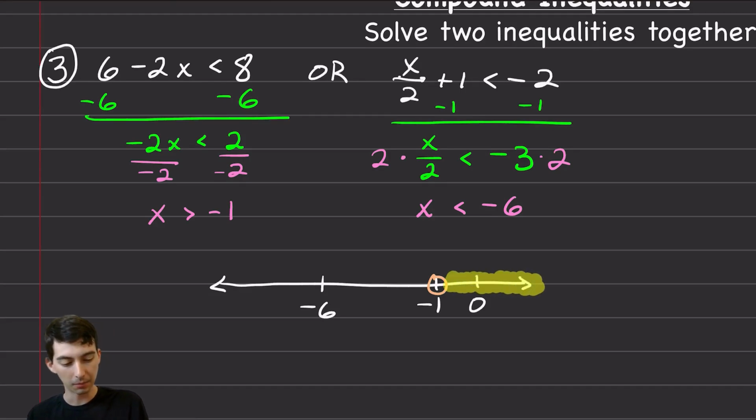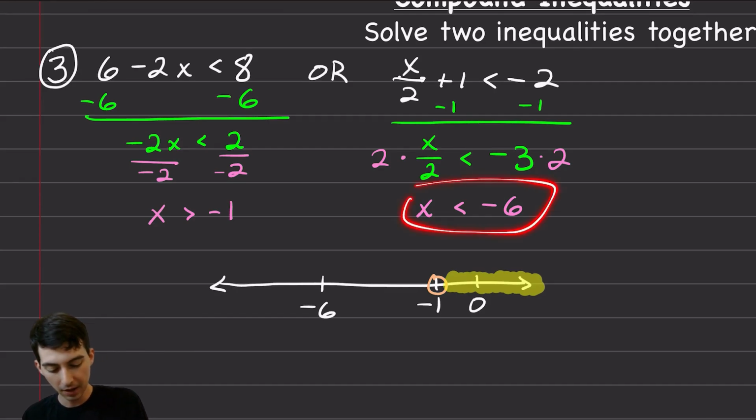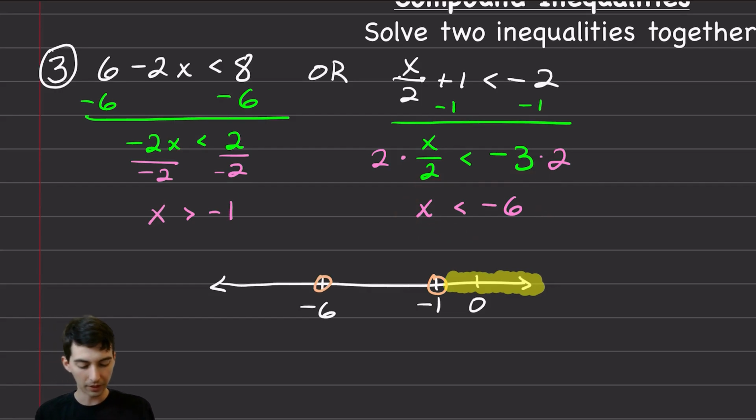And now I'm going to do the same thing with x is less than negative 6. I'm going to put an open circle around negative 6, and I'm going to highlight all of my values that are less than negative 6, like negative 7, negative 8, negative 9, and so on. So I get these two ranges that I have.